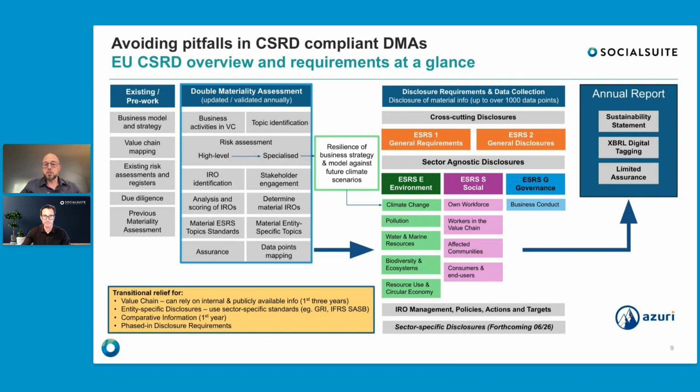Also, what policies do you have in place? What actions do you have in place? What targets have you set to achieve that? And how is your business going to be impacted by these different risks and opportunities, and how resilient is your business strategy as well as your model? So these are things they're going to be looking at here.